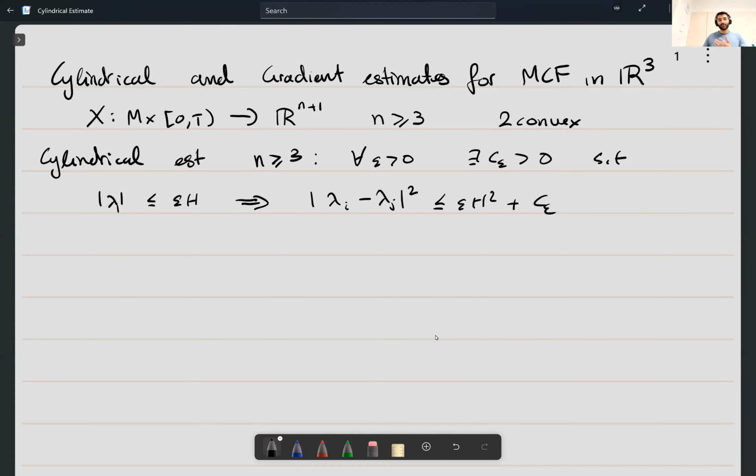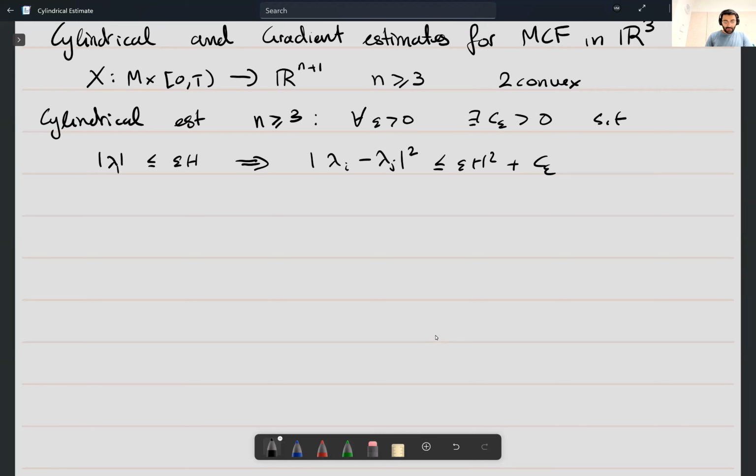This is why it's called a cylindrical estimate: you have one principal curvature going towards 0 in a blow-up, and the remaining ones are all going to be equal. And so you expect that if you also combine it with a gradient estimate, such a limit will be a shrinking cylinder, which is like S^(n-1) cross R.